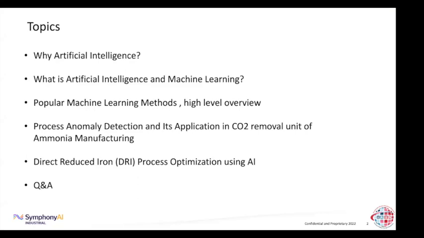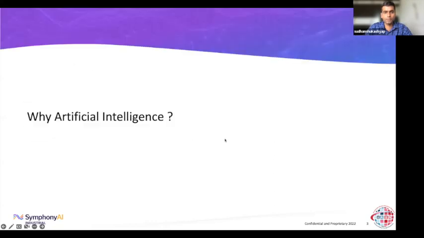And then we'll jump into some application part, and we'll see how AI-based models or methods can be applied to the ammonia manufacturing process. And then we'll also cover a second use case in direct reduced iron process optimization using artificial intelligence. So let's get started on these topics.